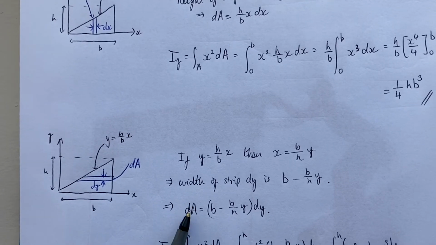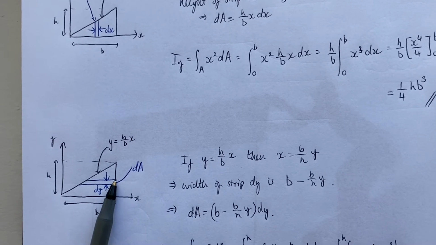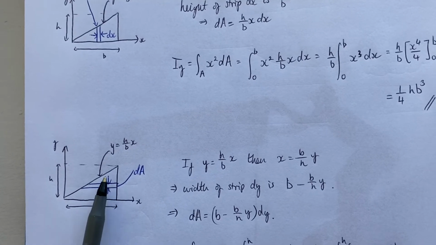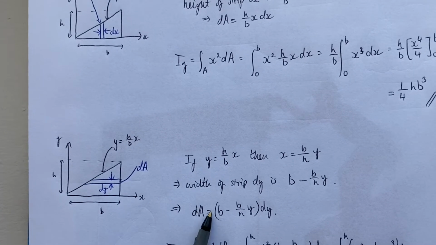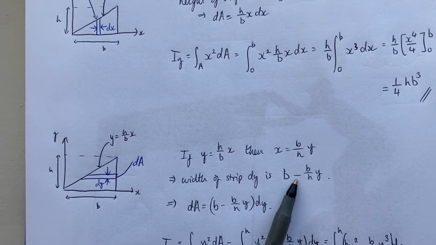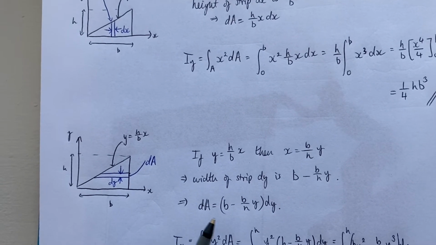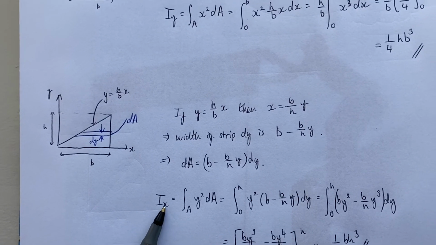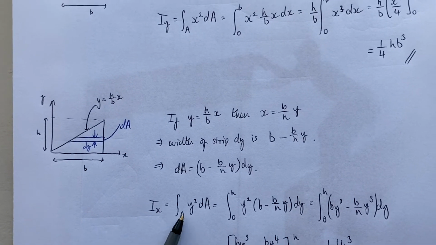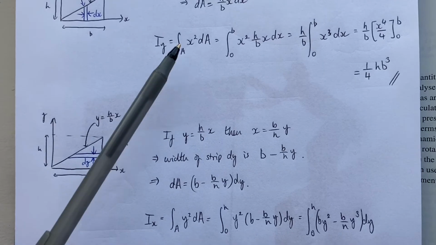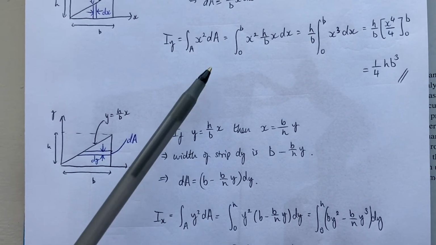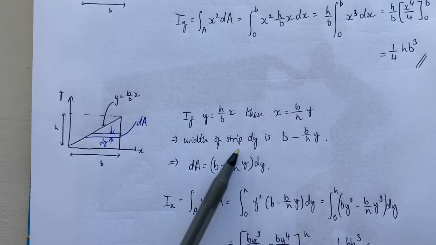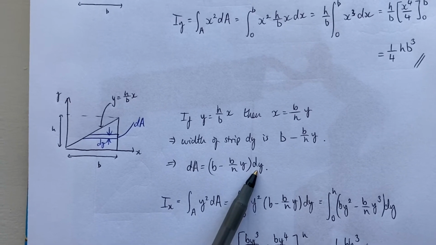So therefore I can work out these little areas dA just as the height, which is dy, multiplied by the width, which we've just worked out. And then once I know that, I can go ahead and plug that straight into the equation for the moment of inertia about the x-axis, which is the same as it is about the y-axis, apart from we now have y's instead of x's, and we have everything now in terms of y.